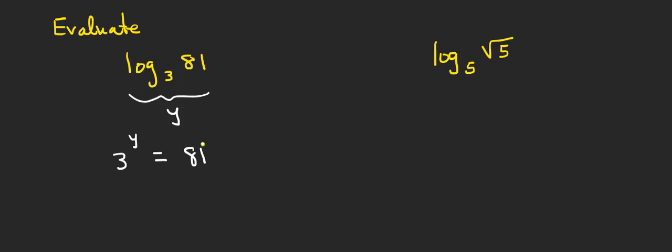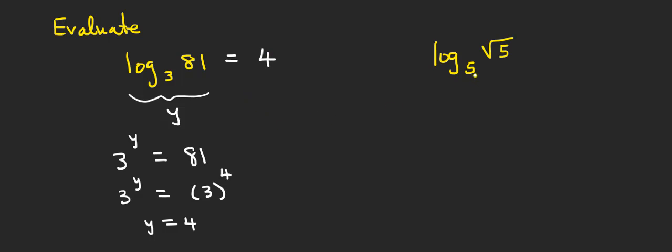So we need to change 81 in terms of base 3. So you get 3 to the y equals 3 to the 4th power. Right? 3 to the 4th power is 81. Now base is 3. So in order for this to equal each other, y has to equal 4. That means this whole thing is equal to 4.